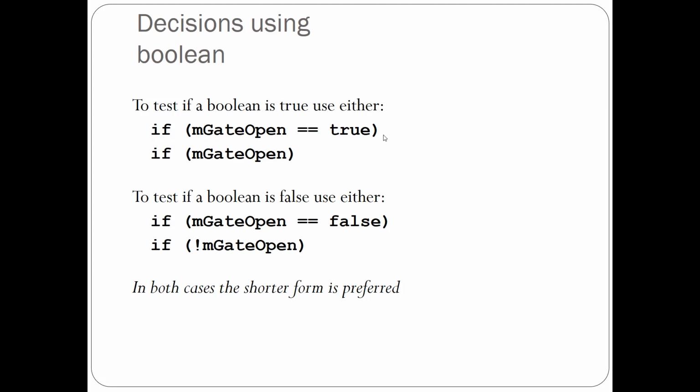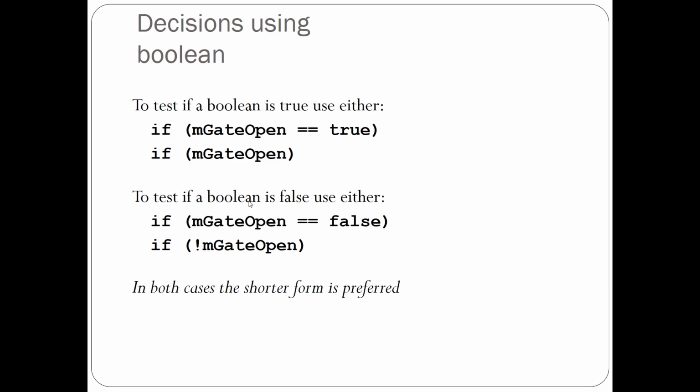You might be used to doing something like that, where you say if the value of mgateOpen is equal to true. That's perfectly alright to use. You can also just use the name of the variable, and it implies that you're testing to see if that is true. Both of them are perfectly fine to use.